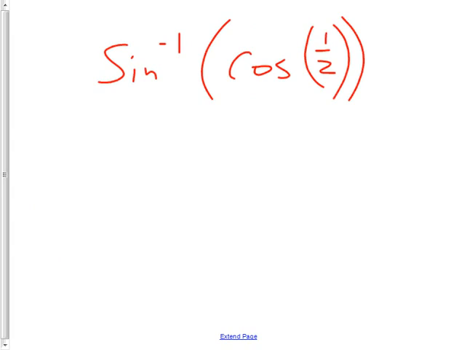All right, yesterday we did this. But now we're going to put another function inside the function. It's sort of like inception trig. All right, so cosine of 1/2, for instance.